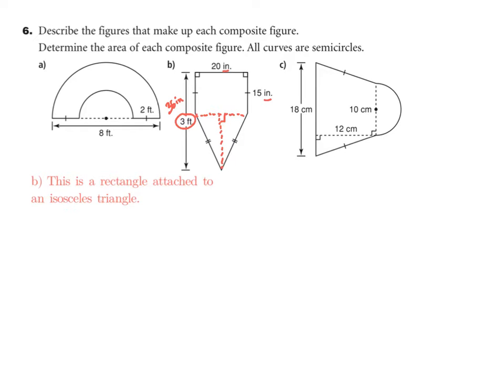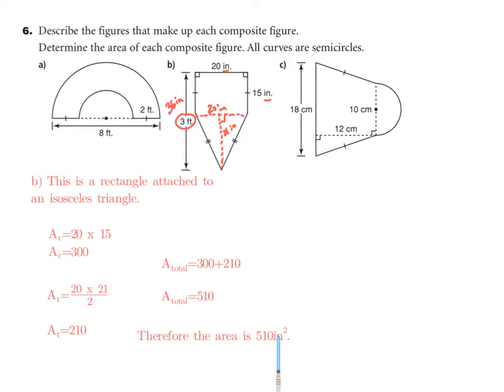Because if this whole thing is 36 inches, then 36 minus 15, this height must be 21 inches, and we don't have to use sine, cos, or tan to calculate it. Right, so the area of this triangle is simply 20 inches times 21 inches divided by 2. Alright, so the rectangle, 20 times 15, that's 300. For the triangle, 20 times 21 divided by 2, 210, and the total, 510, and that is in inches squared.